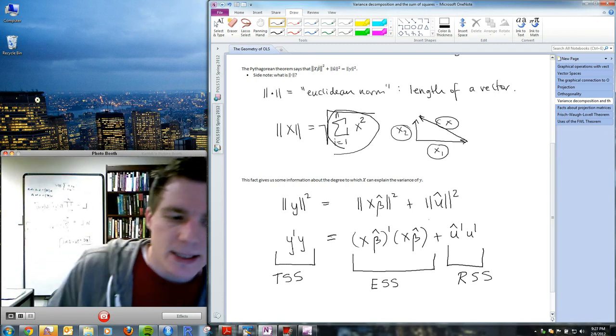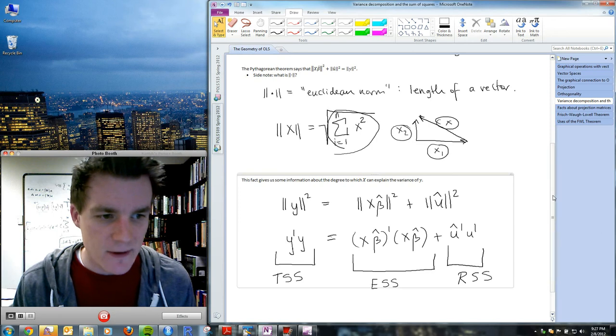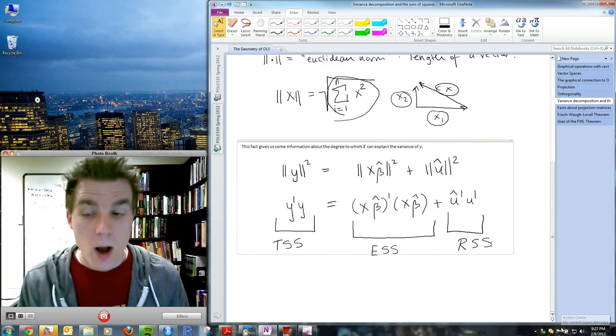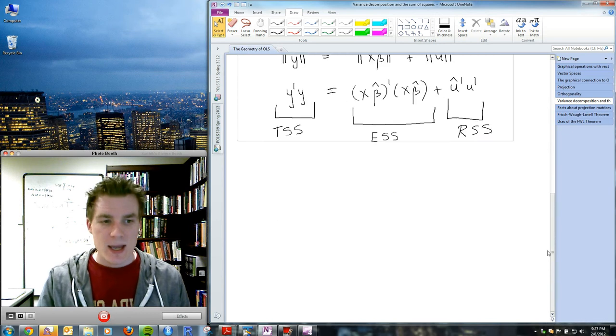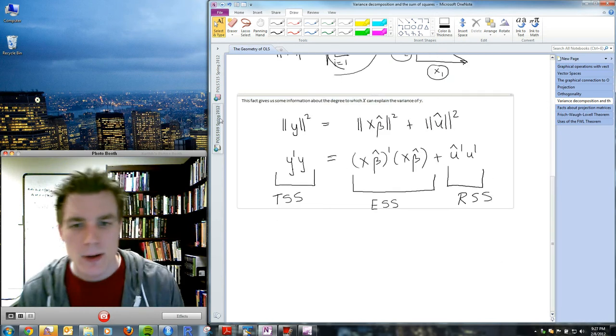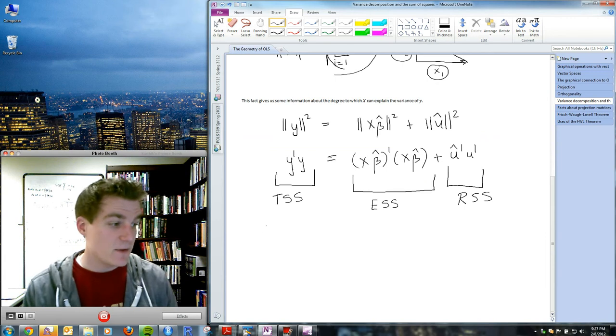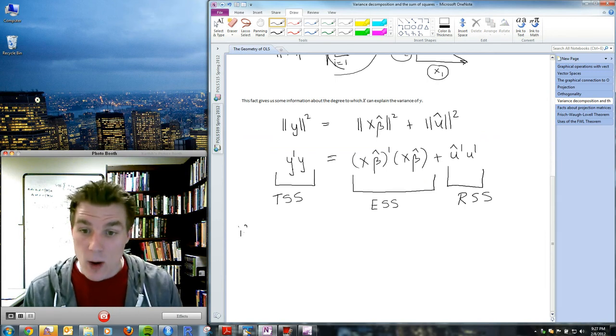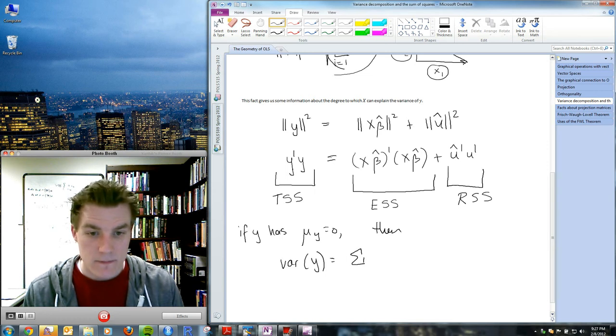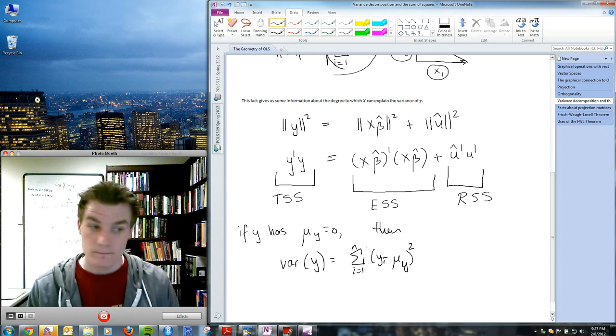So what we mean by this is that there's some degree of variation in y that can be explained with x. And that variation is representable by the sum of squares of x. In fact, if y has a mean of 0, then the variance of y equals the sum from i equals 1 to n of (y_i minus mu_y) squared, like so.